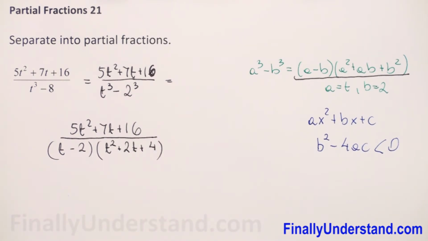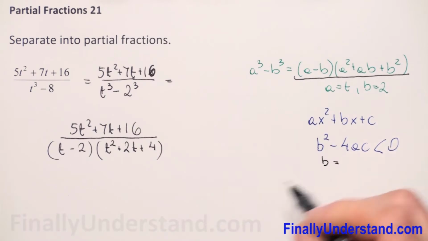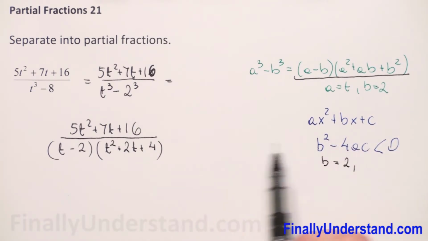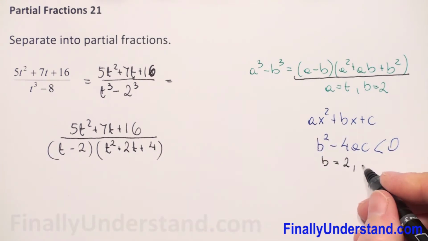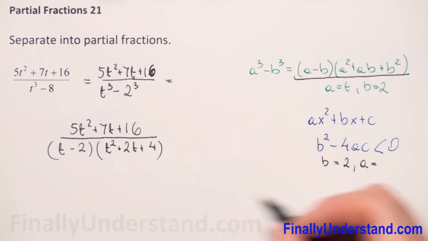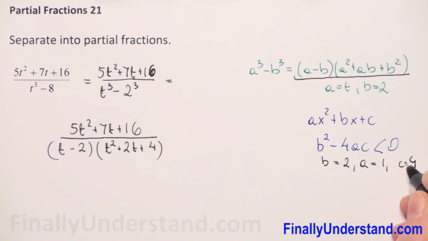So let me calculate. b is equal to the coefficient before x, so before t, and a is equal to the coefficient before x squared, so t squared has an invisible 1, and c is the constant 4.